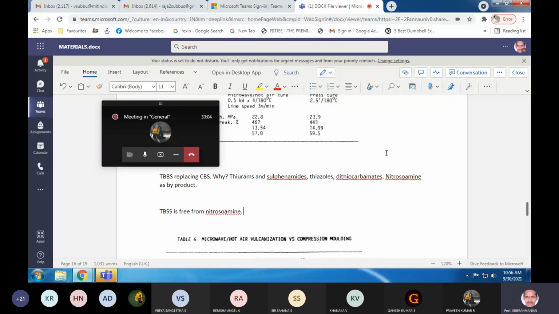And the amine type anti-ozonant and the sulfur accelerator. Why? They make the compound scorchy. Peptizer and amine anti-ozonant.